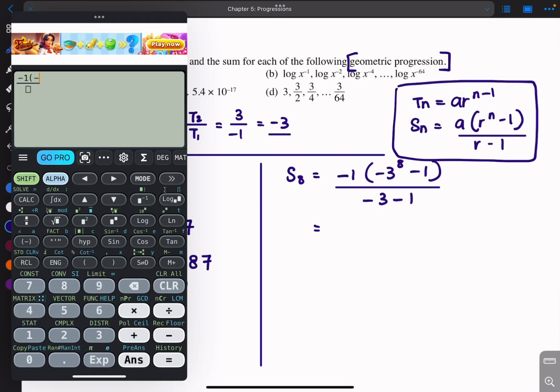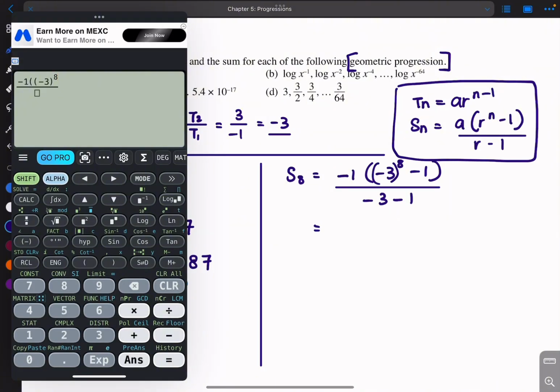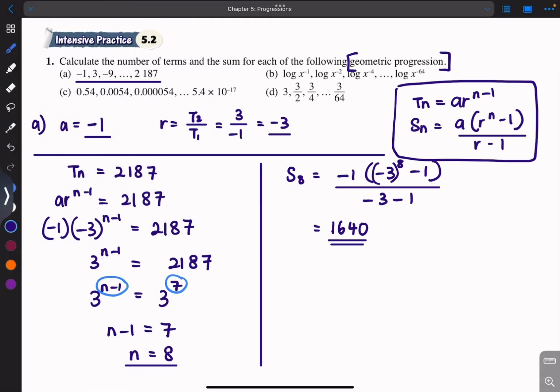Actually, this one you have to put bracket. Negative 3 power 8 minus 1, close bracket, and then negative 3 minus 1. So we get 1640. This will be the sum of the first 8 terms. Done. Okay, let's try B.